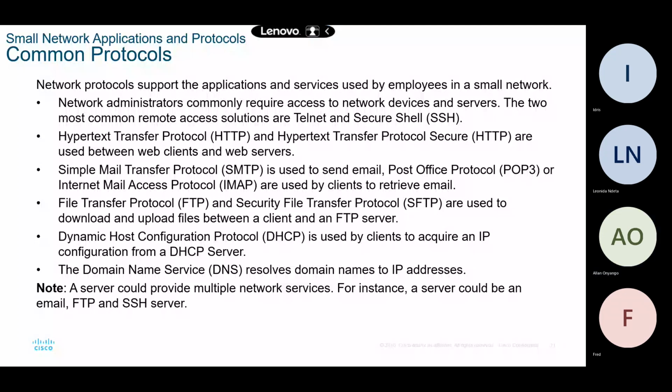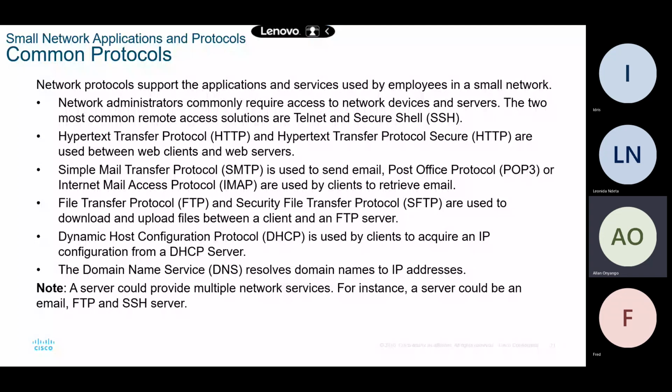So POP, IMAP, and SMTP: simple mail transfer protocol, post office protocol version 3, and internet message access protocol. Then file transfer protocols, and even the secure file transfer protocol, used for secure downloading and uploading of files from and to the FTP server.